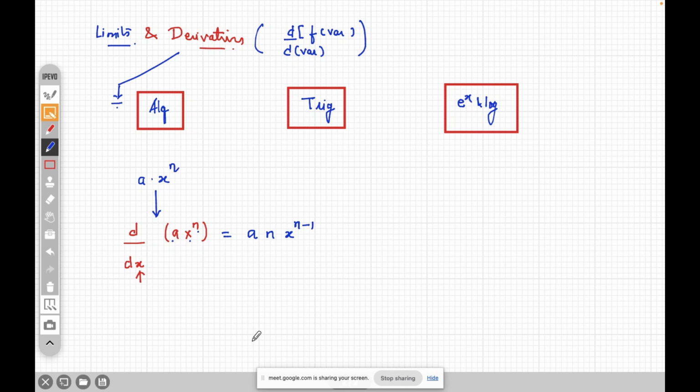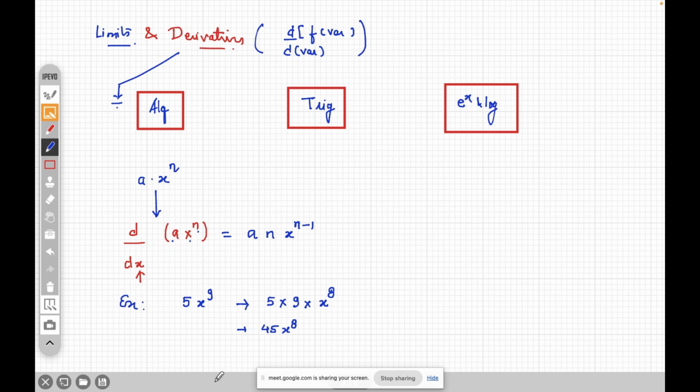Example: if I ask you what is the differentiation of 5 x to the power 9, your answer will be 5 as it is, 9 comes forward, x to the power 9 minus 1, 8. So the answer will be 45 x to the power 8.